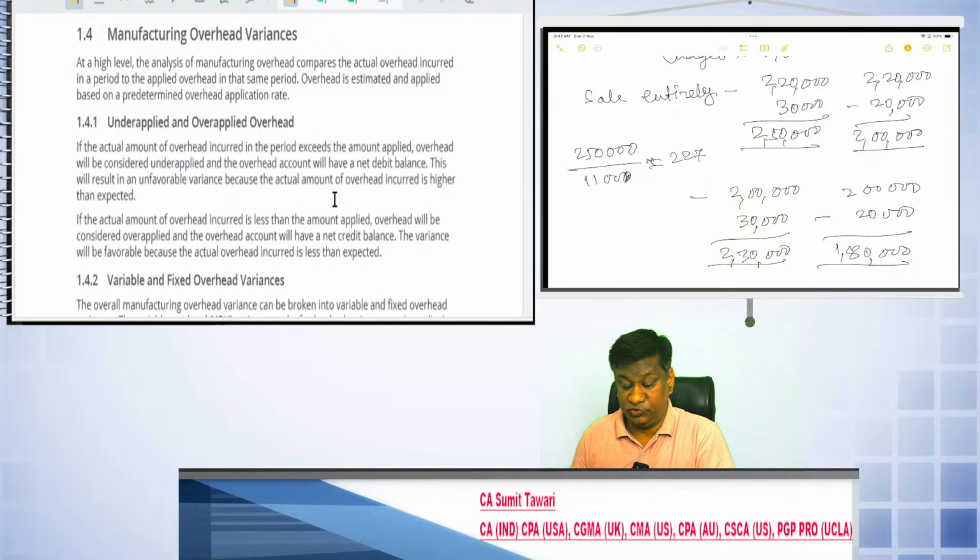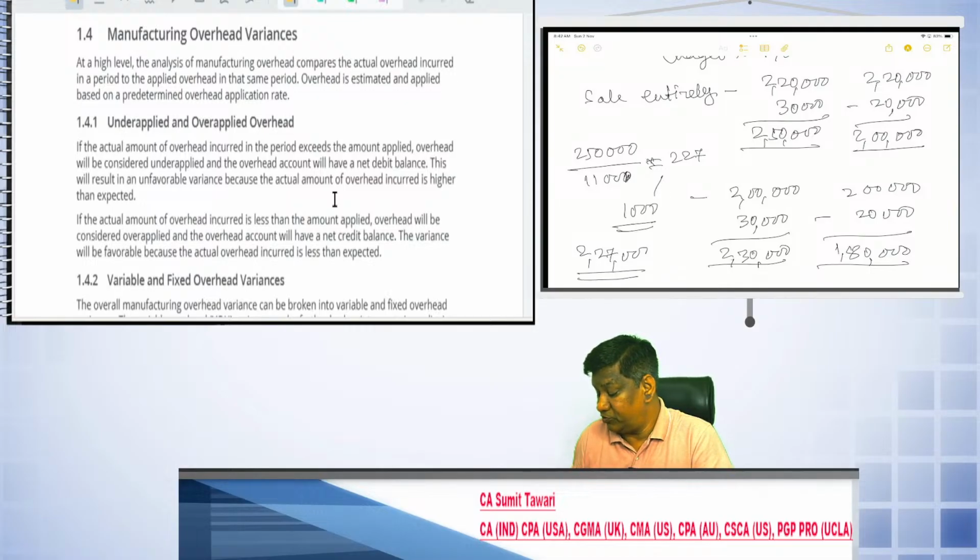Okay, so actual requirement is basically 2,27,000, because I'm able to sell the 1,000 quantity. Okay, actually, so it should debit 2,20,000. Okay, but debit goes is 2,30,000.